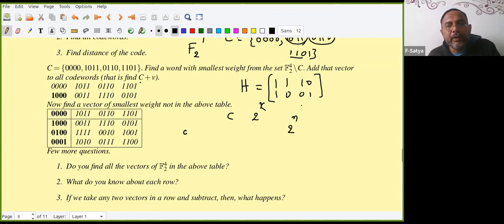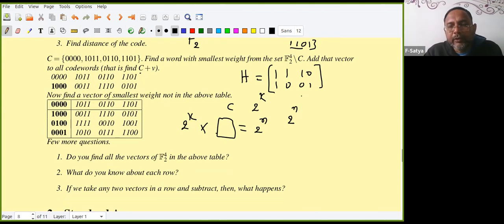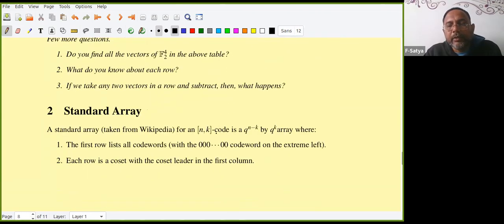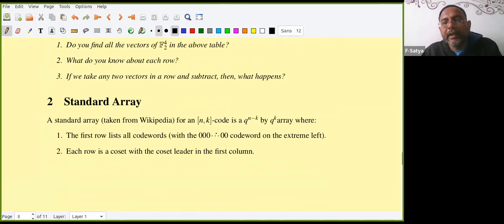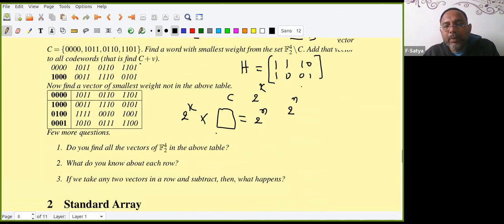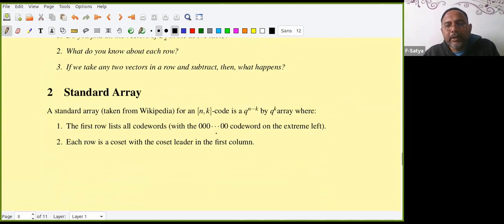Each row contains 2 power k, so 2 power n minus k, because I have to multiply so that finally I get 2 power n. In general, 2 is binary, but if I take a Q-ary code over F_Q, then Q power n minus k rows, and how many columns? Q power k.